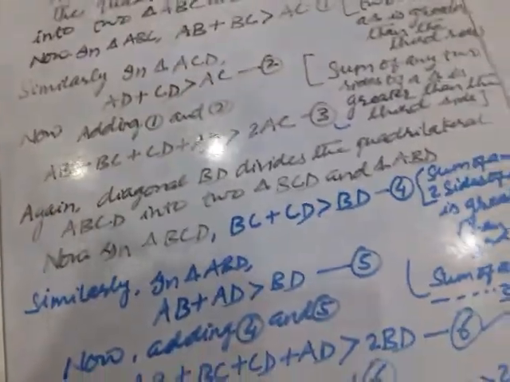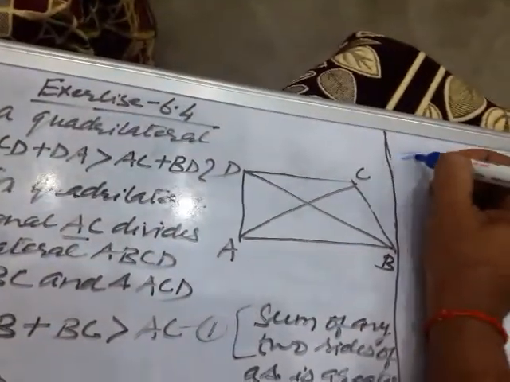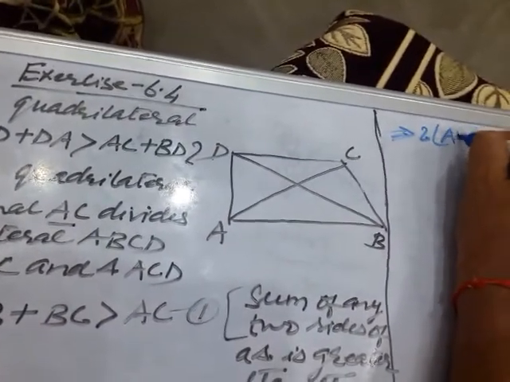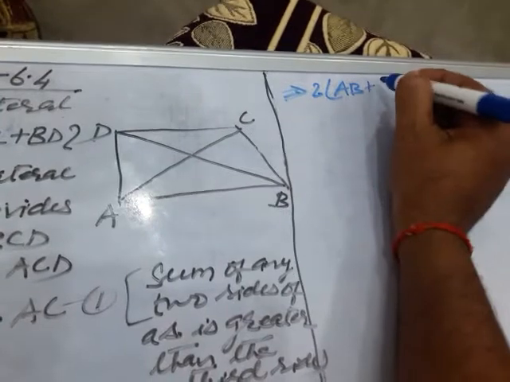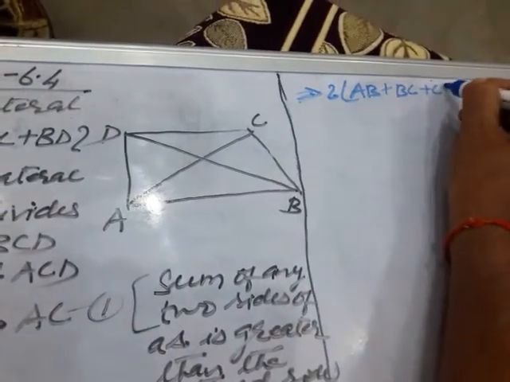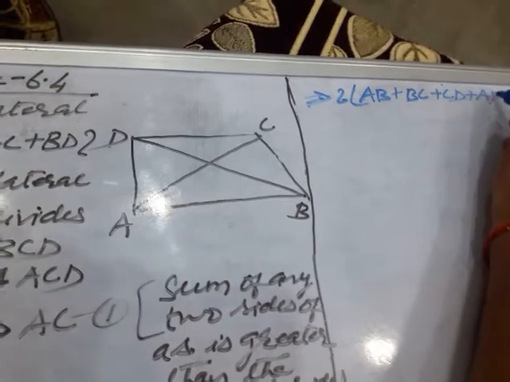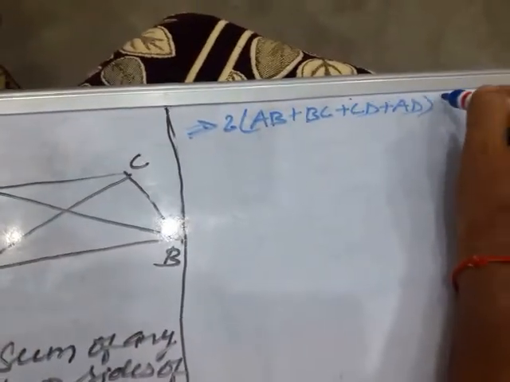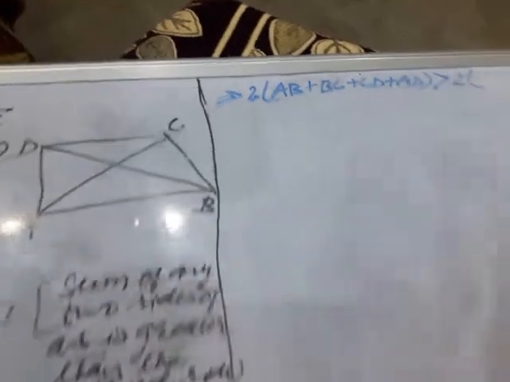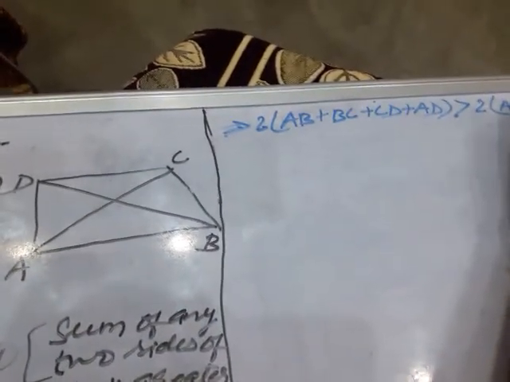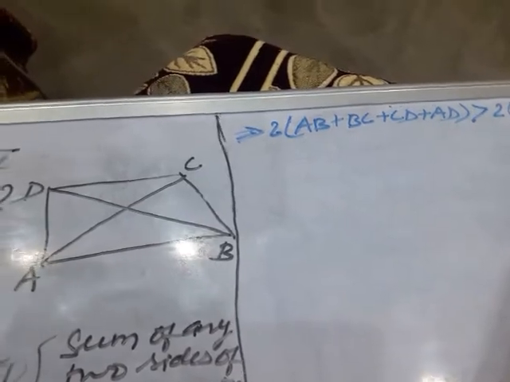Okay, children. Now write it systematically. That is, what this implies: 2 into AB plus BC plus CD plus AD is greater than 2 into AC plus BD. Now 2 is removed from both the sides, children. Then what is remained?